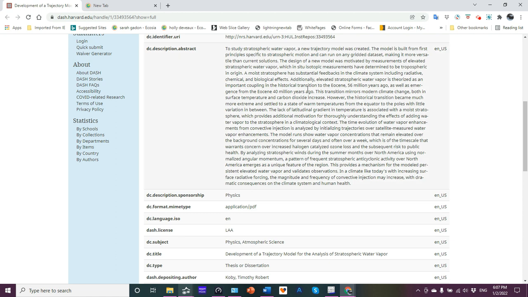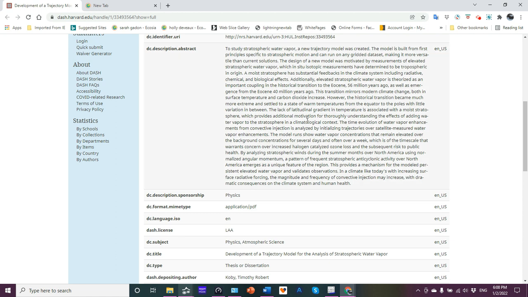And what happened 56 million years ago is being mirrored in what is happening in the last century or so. However, the historical transition became much more extreme and settled to a state of warm temperatures from the equator to the pole, with little variation in between.